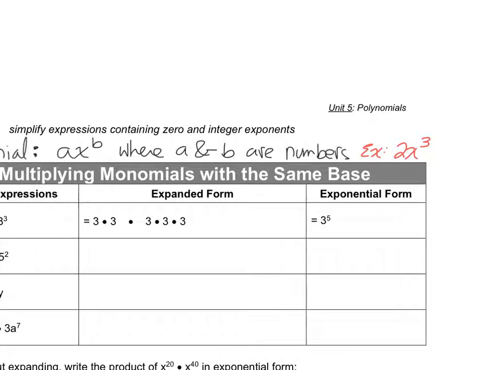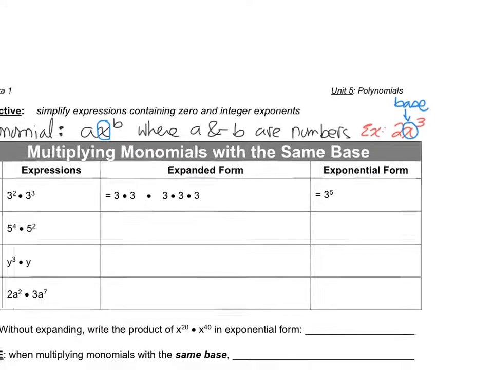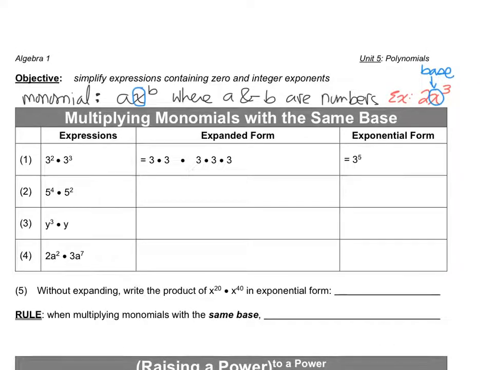All right. That x is the base. All right. Sometimes it's not an x, sometimes it's a numerical value, sometimes it's a y, it could be anything. But the idea is that if you have a common base and you're multiplying monomials, then all you have to do is add the exponents.